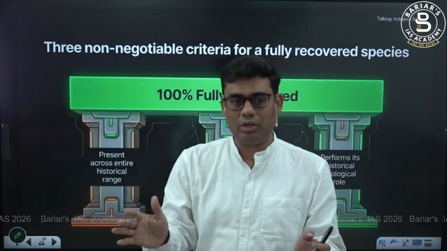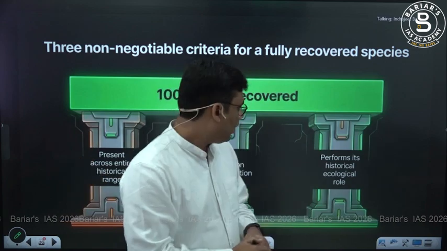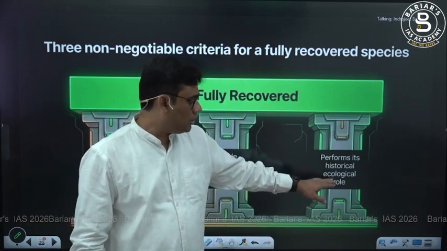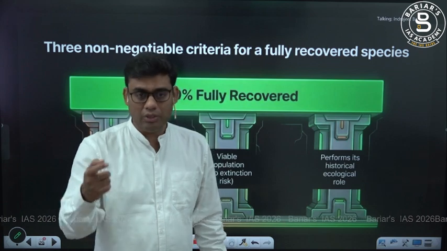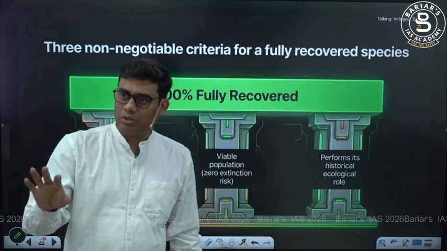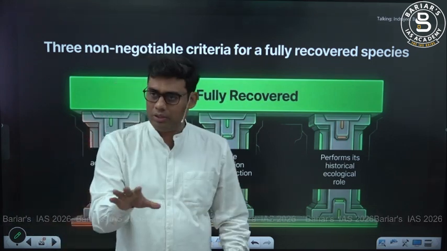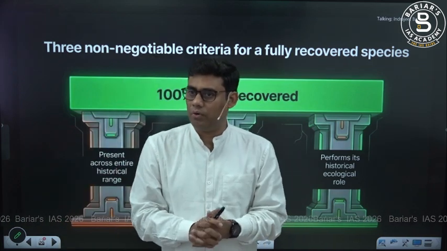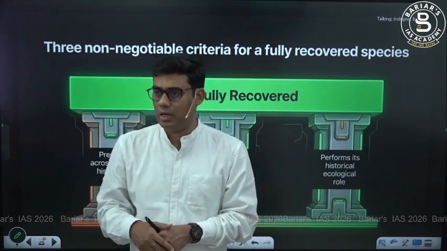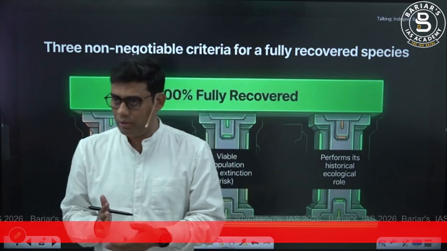The population is sufficient to survive. And the third one is that it performs its historical ecological role, what we call the ecological niche. If all these 3 conditions are fulfilled, then you call this species fully recovered.